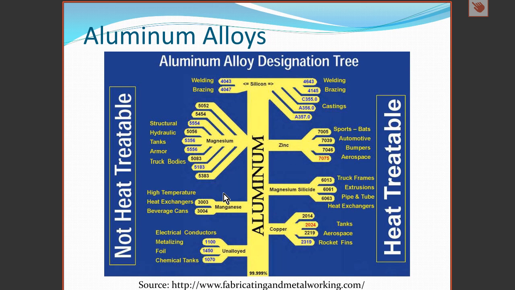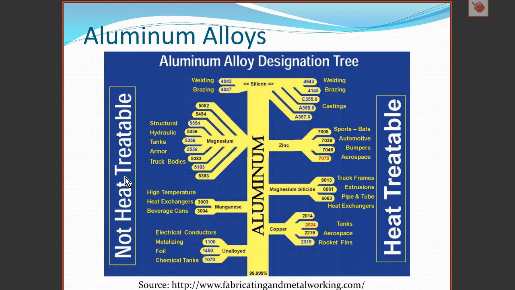Let's have a look at aluminum alloys first. In this picture, we see aluminum alloys grouped by the main alloying constituent. They are also grouped according to whether they are heat treatable or not.